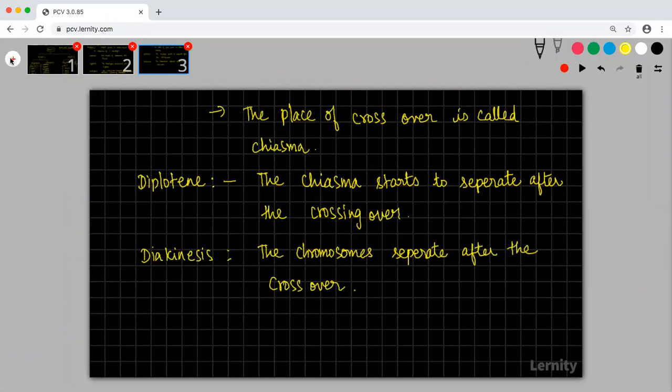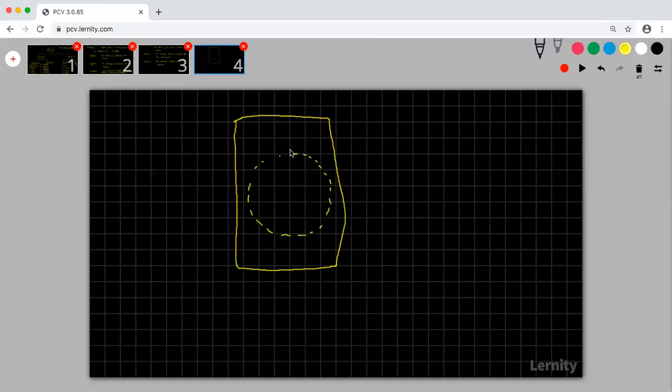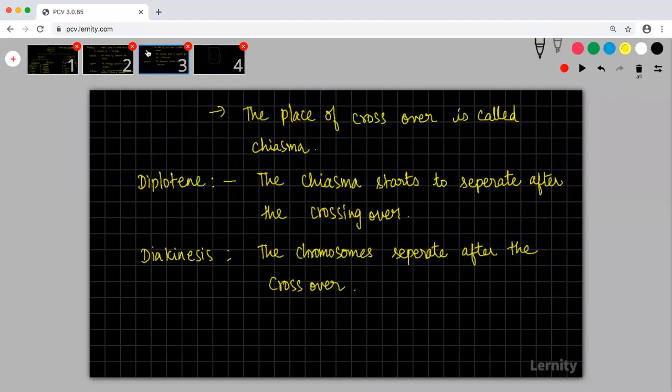So please understand that all these things are happening inside a cell, everything will happen inside the nucleus.